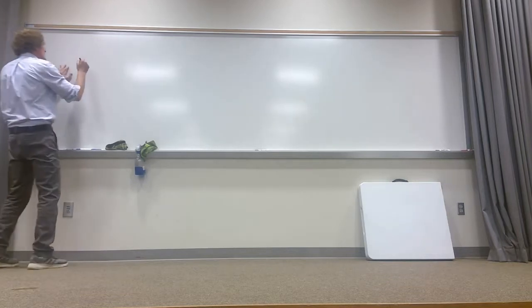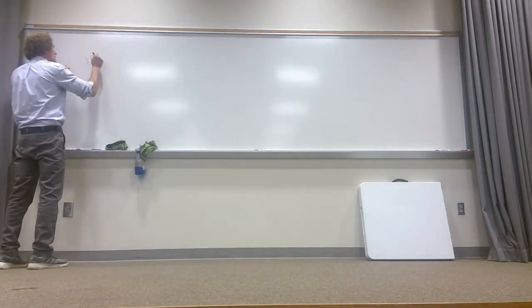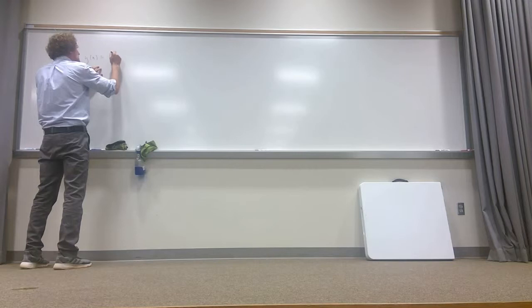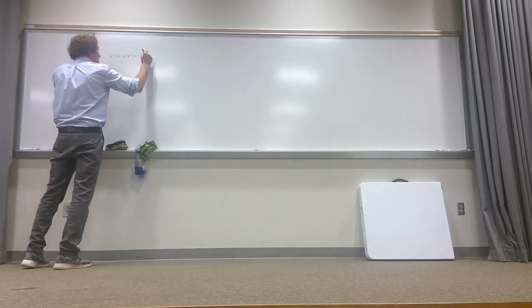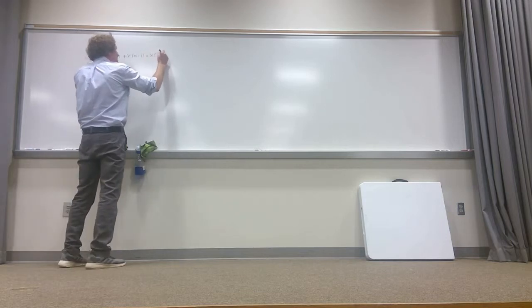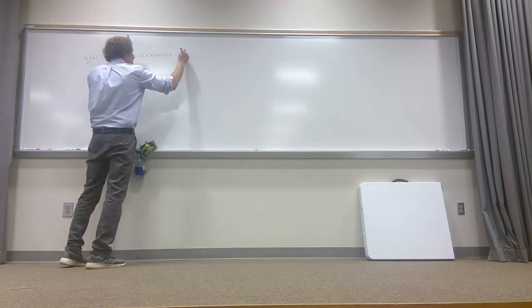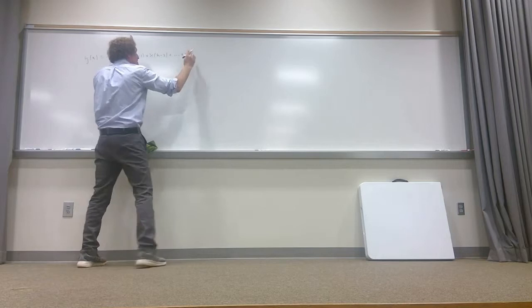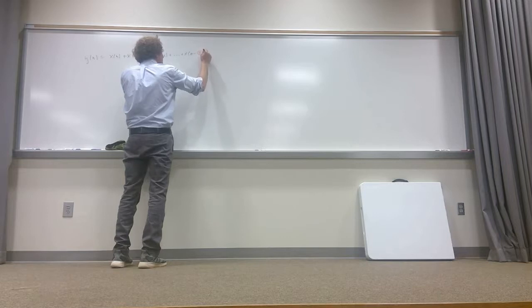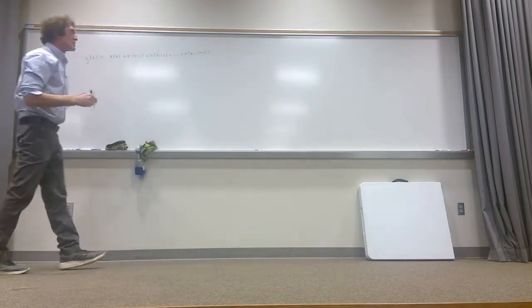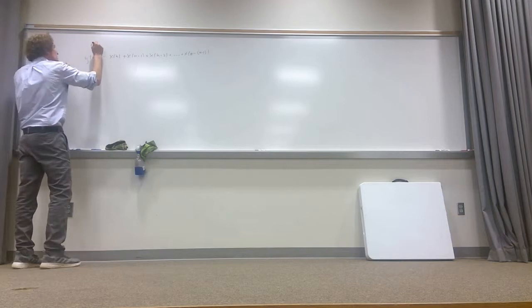In this case, we had y of n equal to x of n plus x of n minus 1 plus x of n minus 2 plus dot dot dot plus x of n minus, and I'm going to call this n minus 1. That would give us n terms, so n is the number of terms.